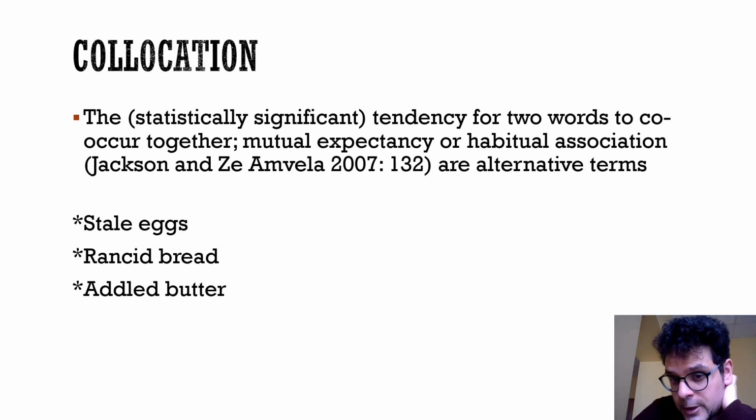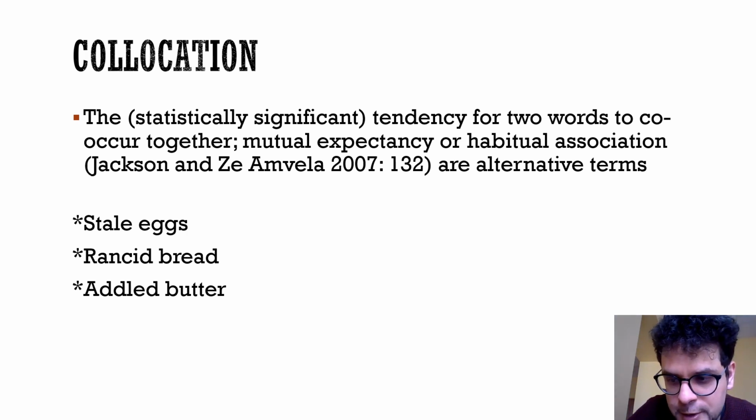If an L2 speaker of English says stale eggs, rancid bread, or addled butter, it would be understood. I mean, people would look at him like, okay, that's a strange way to express yourself. But unless you want to really not help the other person, not be cooperative, you would understand the notion, right?